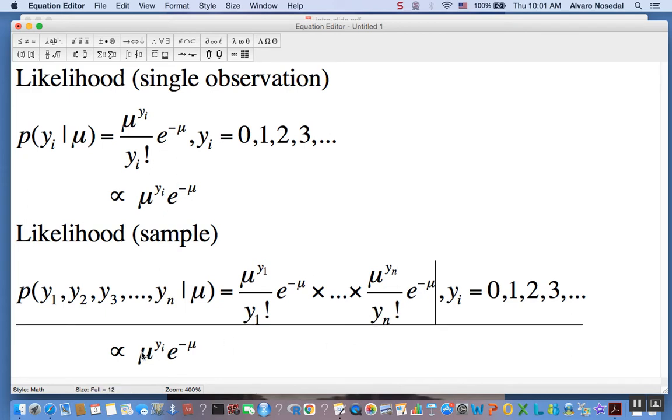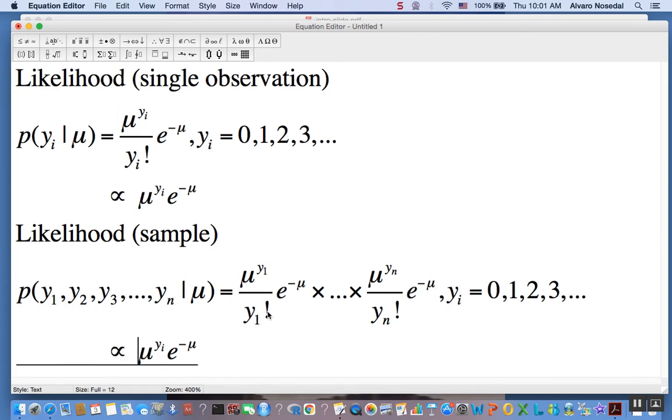And then, using the proportionality symbol, we're going to absorb the part of this expression that doesn't have to do with the parameter of interest.